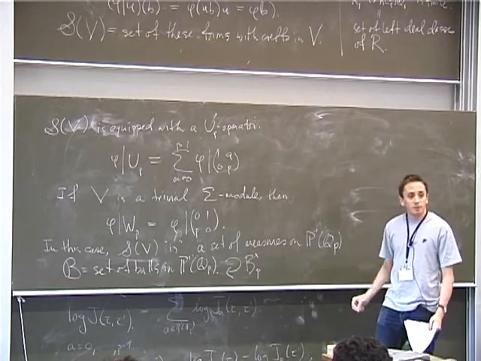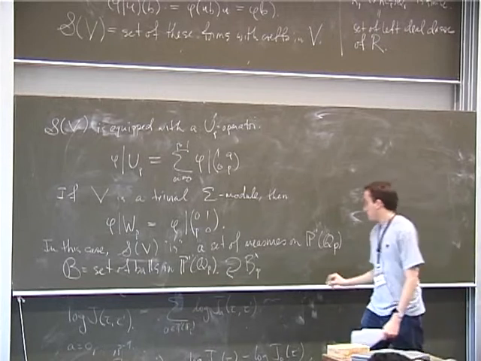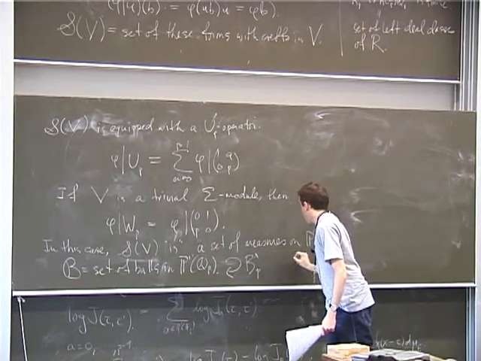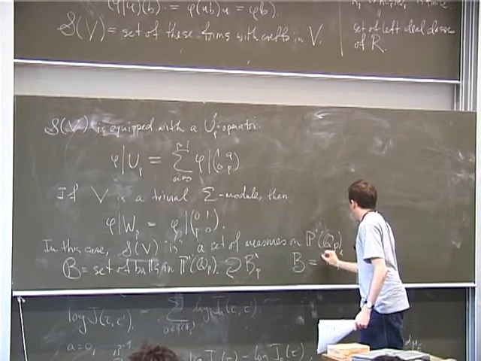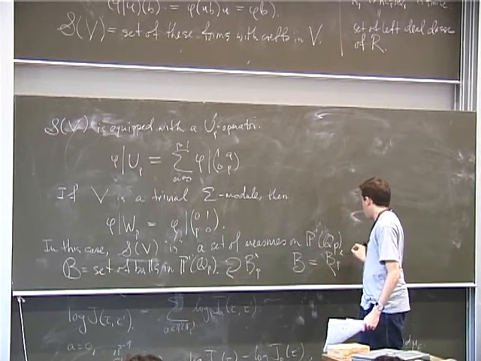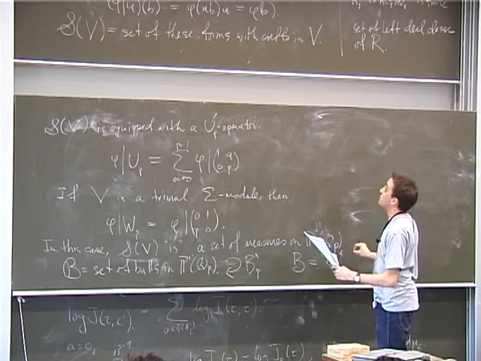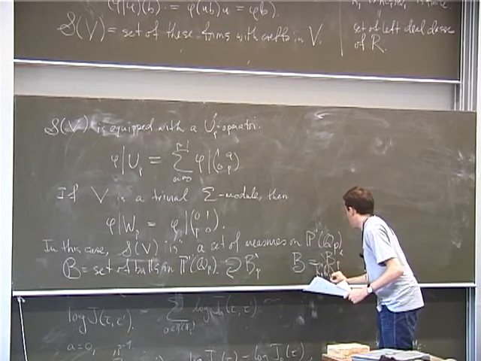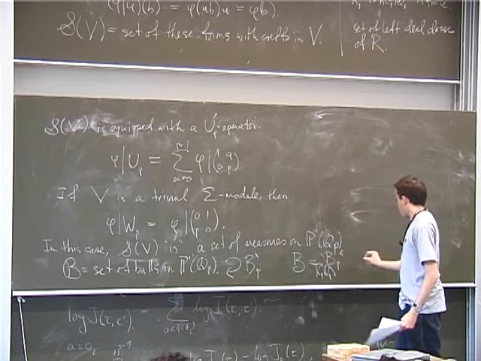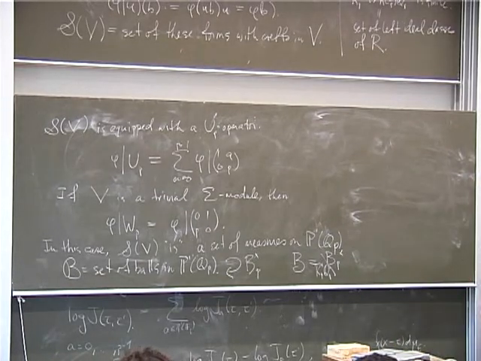And the stabilizer of the ball ZP is exactly RP times the center. So what we have is B identified with BP star mod RP star, QP star. So this is as a coset space.